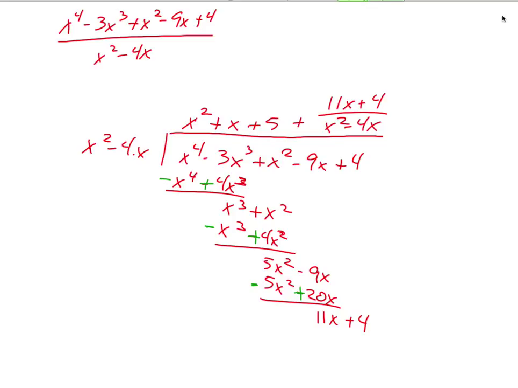Alright, so what we've done is we've taken our original problem and we've now turned it into that. We are happy with the first 3 terms, the x squared, the x, and the 5. We are not happy with the last term. So the last term is what we need to work just like we did the first 2.